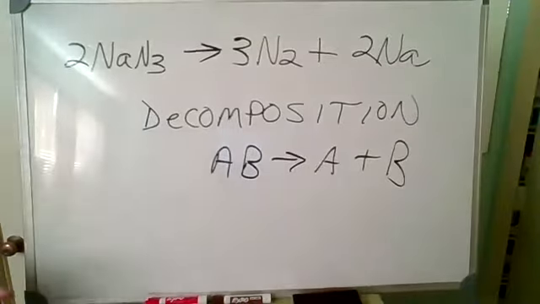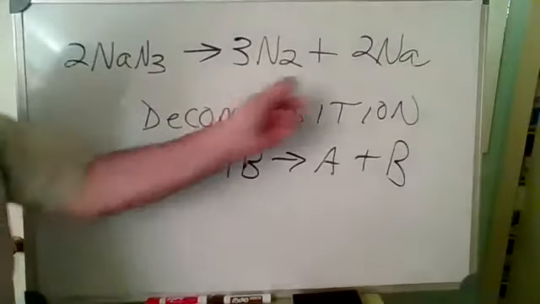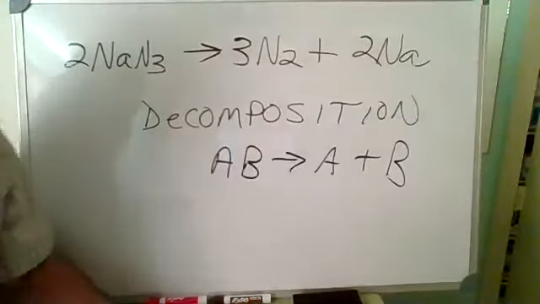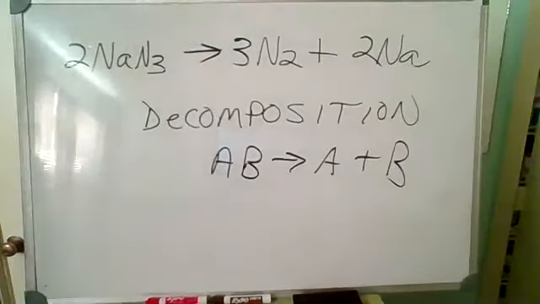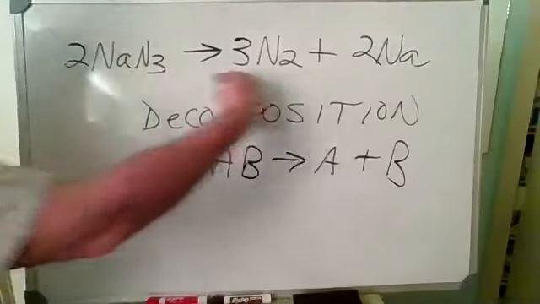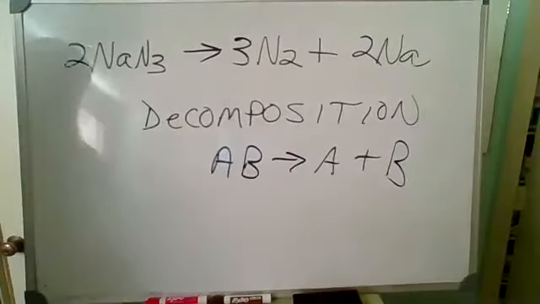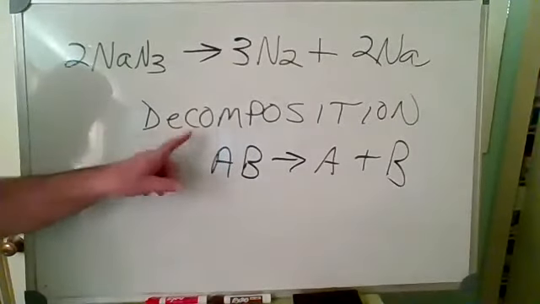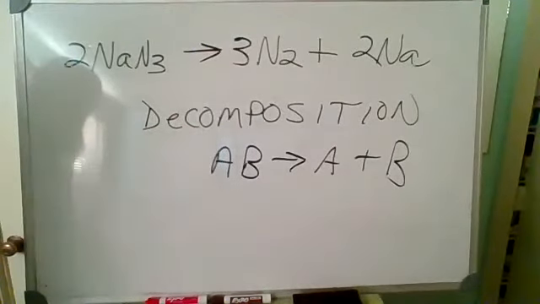Decomposition means something breaks apart. That's exactly what's happening here. Sodium azide is breaking apart into nitrogen gas and sodium metal, right? And we could write this in the reverse direction and it would become a synthesis reaction. So one reactant is always going to be a decomposition reaction.